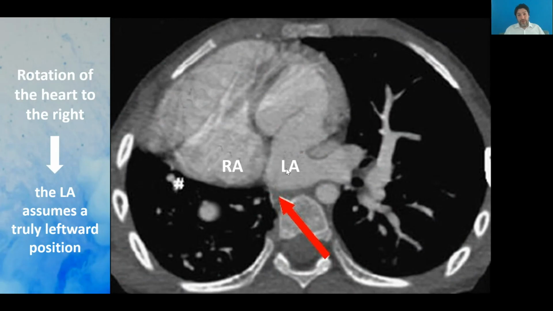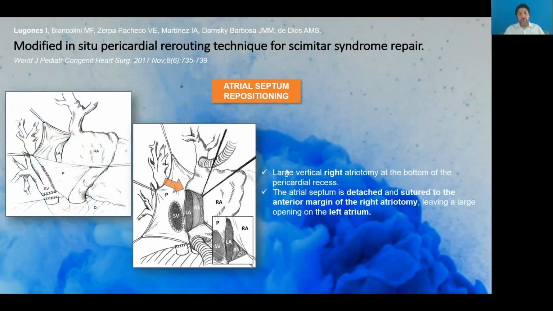So in those cases, what you can do is what we call the atrial septum repositioning. The first part of the technique is exactly the same. We suture the scimitar vein to the pericardium. Then, when we try to open the left atrium at the bottom of the pericardial recess, what we find is that we enter the right atrium, not the left atrium.